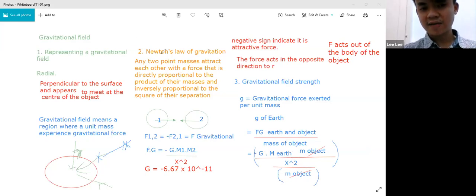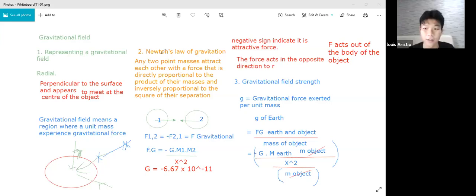So the formula left is negative G times the mass of Earth divided by x squared. So the gravitational field strength on Earth depends on the mass of the Earth because the object's mass cancels out. Do you understand the derivation until here?